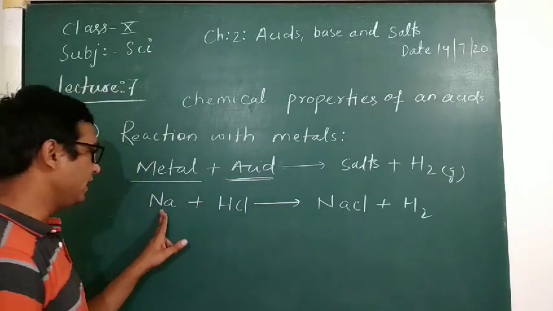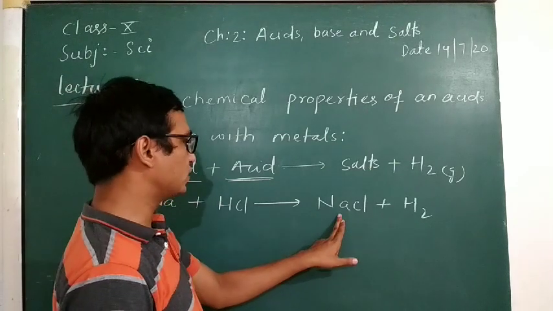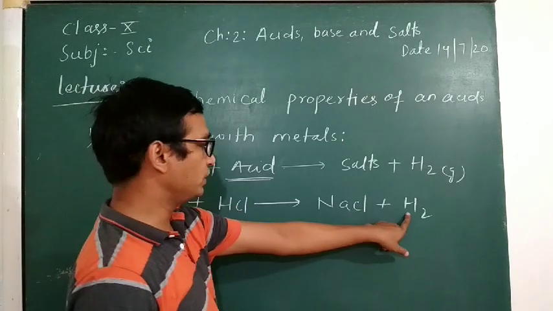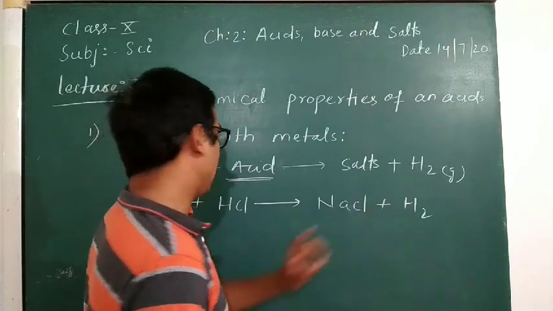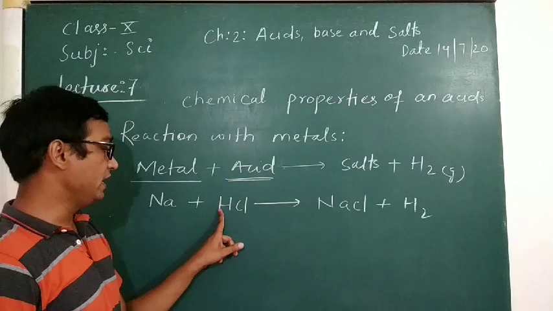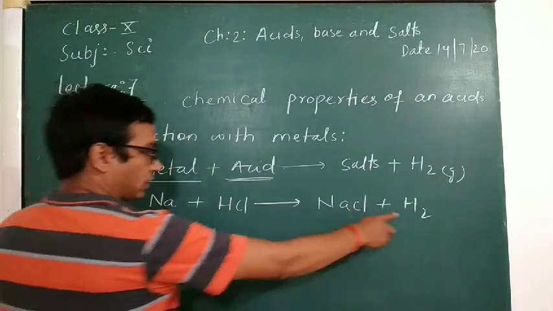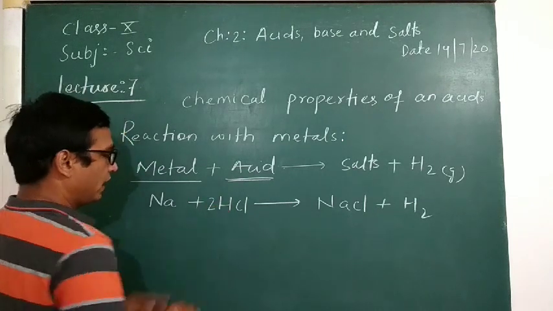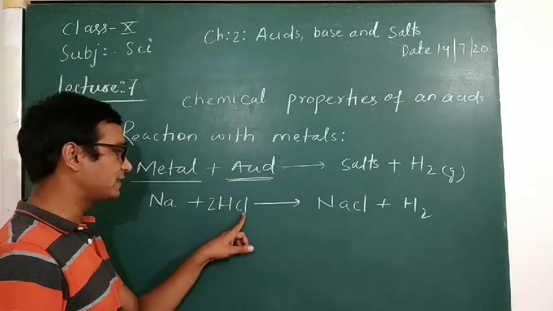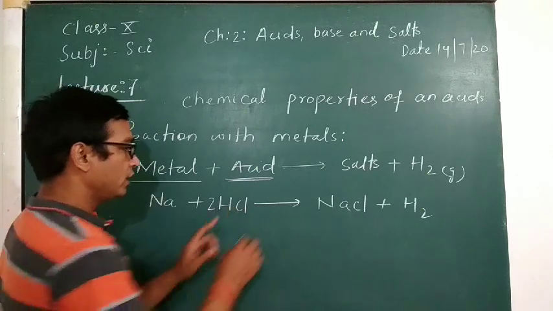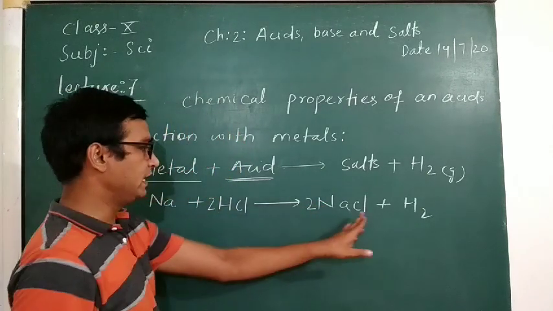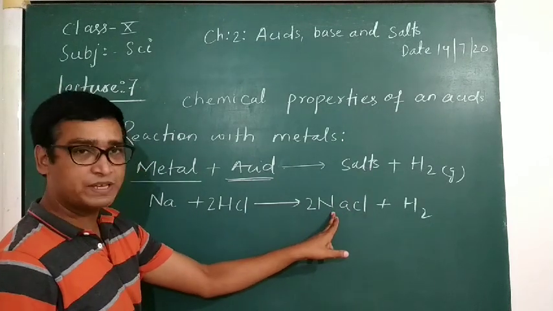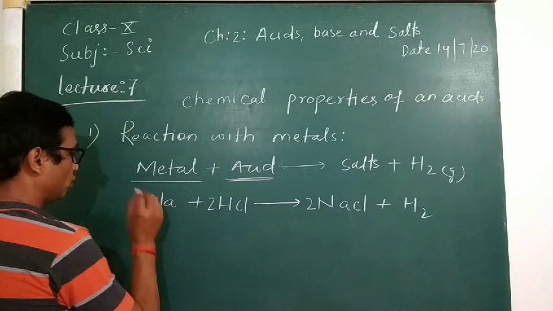Here Na is 1, Cl is 1, but hydrogen is 2 on one side and only 1 on the other, so both sides should be balanced. So we will place 2 here. Now if hydrogen is 2, then in HCl, Cl is also 2, so we place 2 over here. Now along with Cl, sodium is also 2, so we will place 2 here.